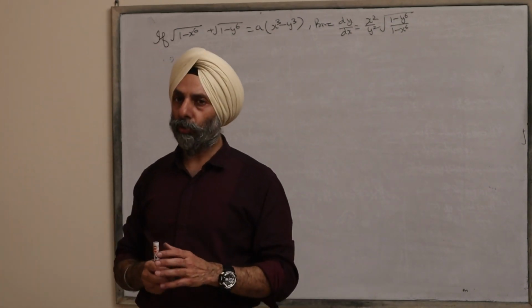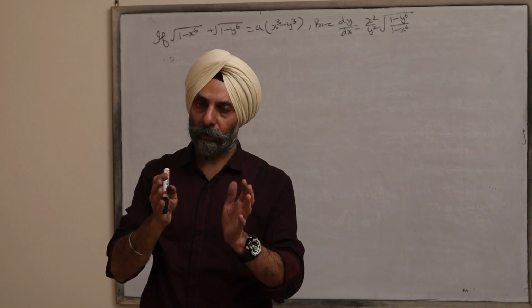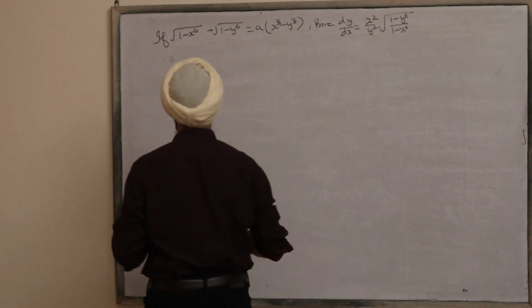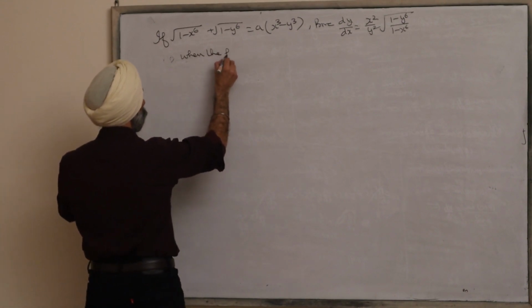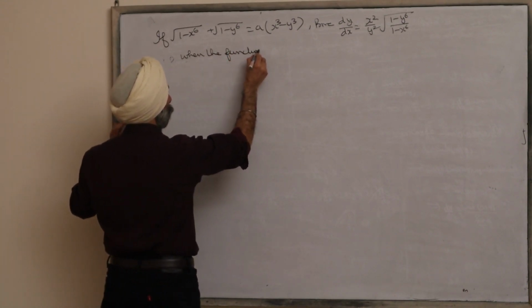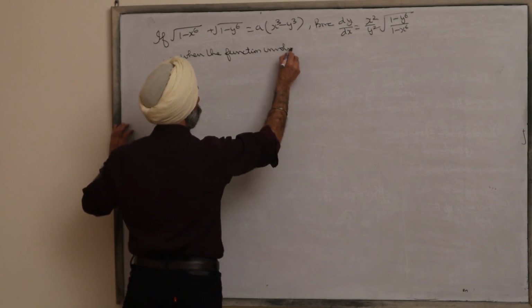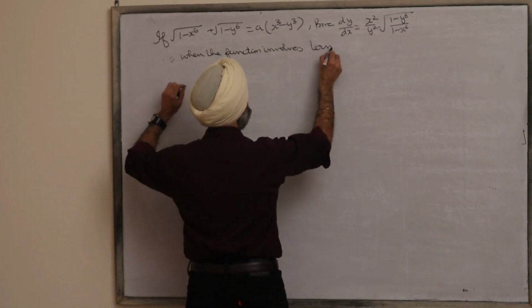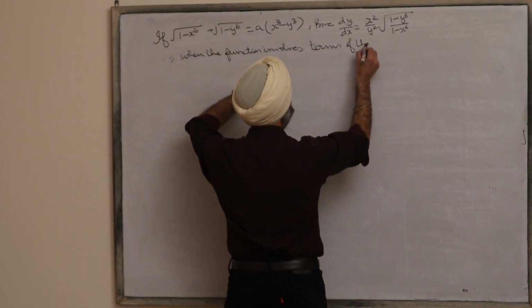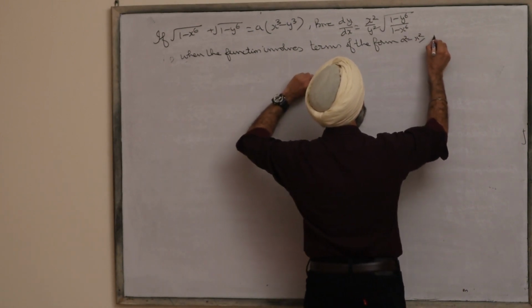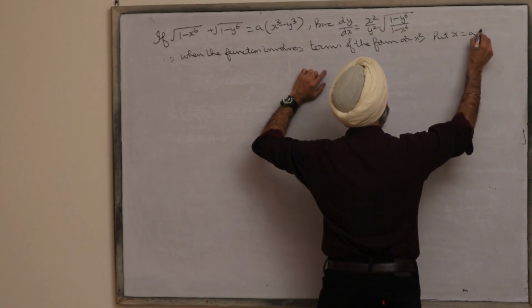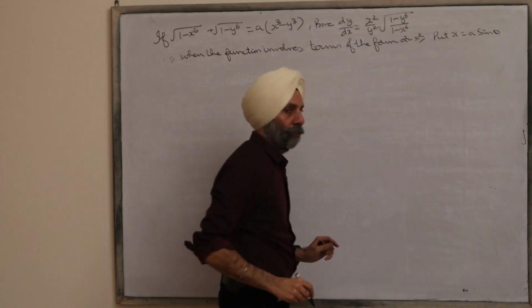So once again, do not try to straightaway differentiate this function. Since when the function involves terms of the form a² − x², put x equal to a sin θ.